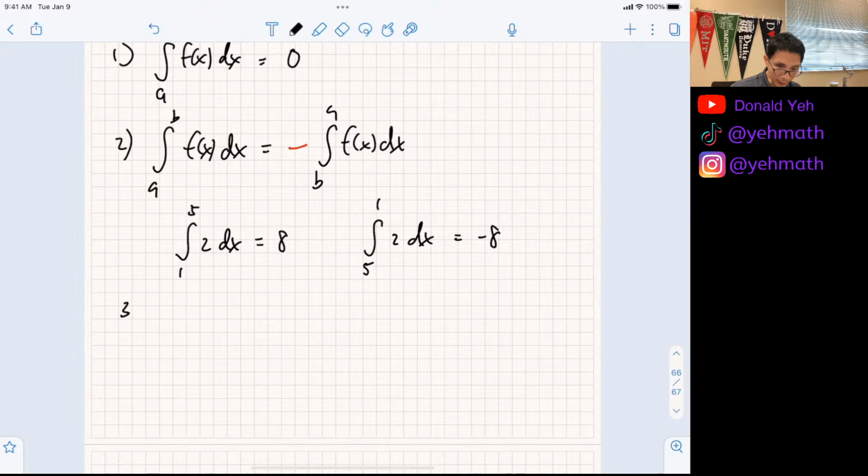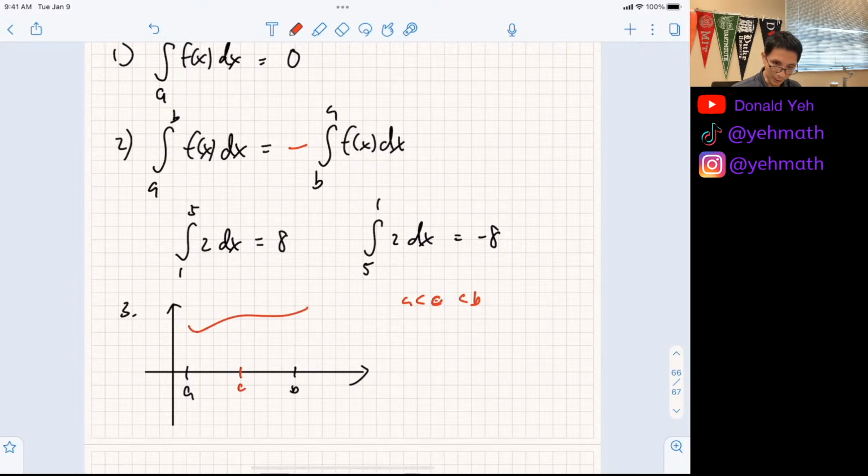The third property you have to illustrate as a graph. So the third property has to be something like this. Something arbitrary between a and b. So we're going to say a is right here, b is right here. It's a random number. And c is right in between. c is between a and b.